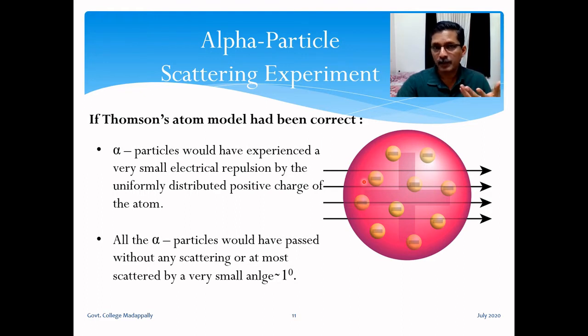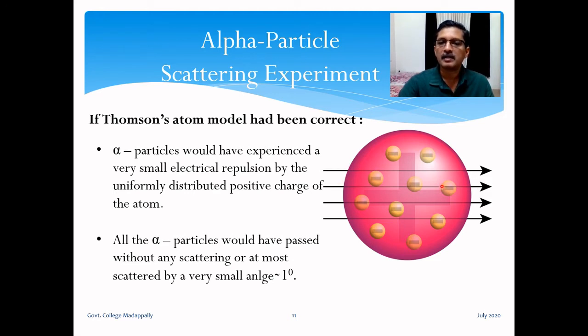they will experience repulsion. But the force of repulsion per unit area experienced by the alpha particles will be very small. Why? Because the positive charge of the atom is uniformly distributed over the atomic sphere. So if the force per unit area is very small, what happens?